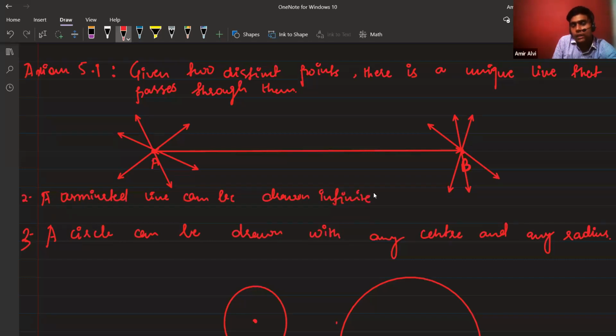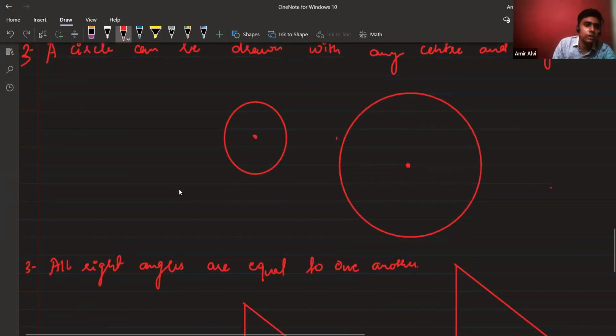Simran, tell me, you can draw the line infinitely. Obviously, if there is a line, you can extend that line till infinity. Is there any restriction? No. So that's what the postulate is saying basically. So this is our fourth basically, not third, it's our fourth.